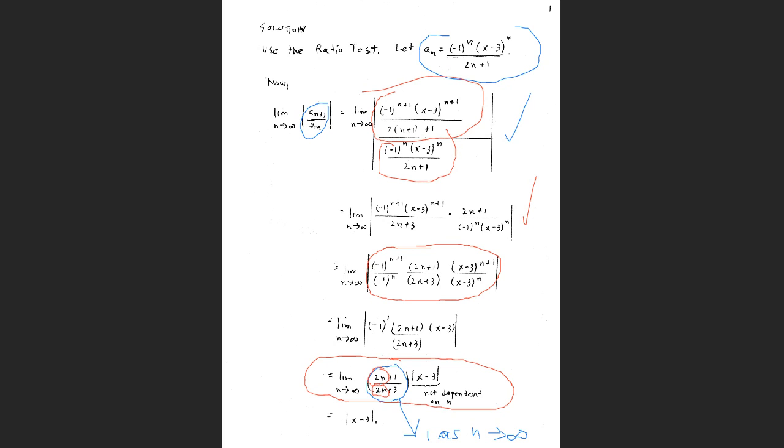So the L in the ratio test is the absolute value of x - 3. Are there any questions before I move to the next page? Okay, all right.